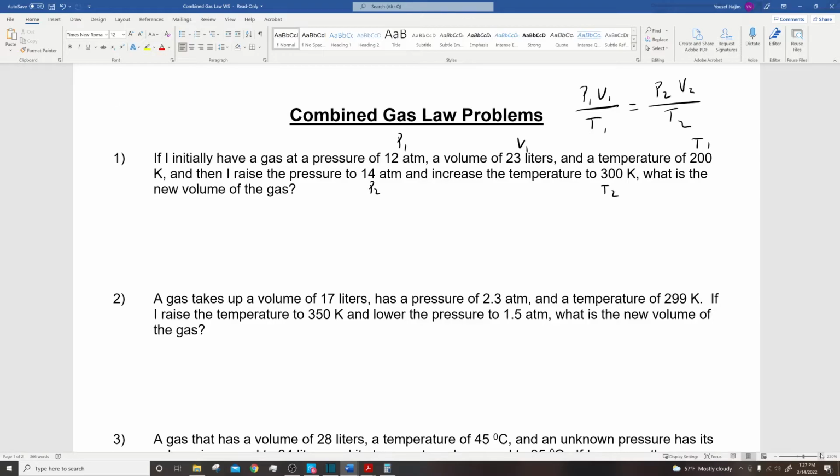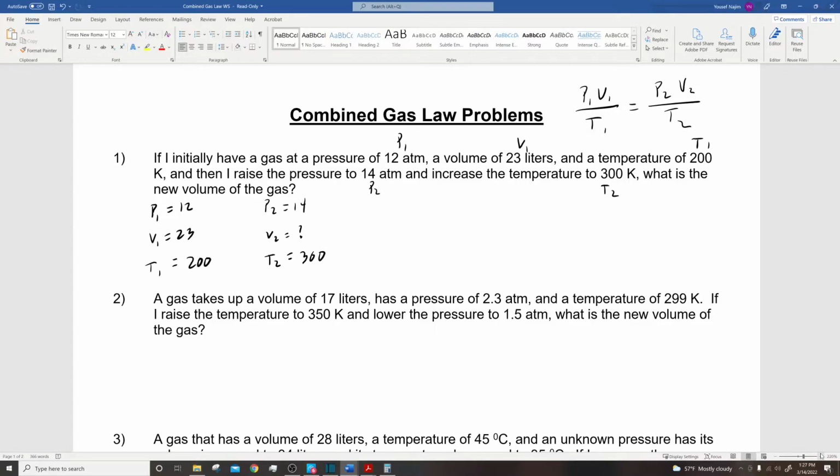So over here on the side, we're just going to write everything out. So P1 is equal to 12. V1 is equal to 23, T1 is equal to 200, and then P2 is equal to 14, V2 is our unknown, and then T2 is equal to 300. So let's go ahead and plug it into our equation.